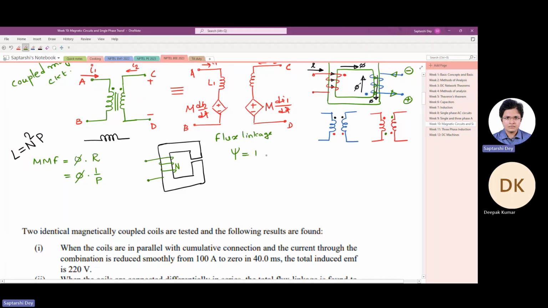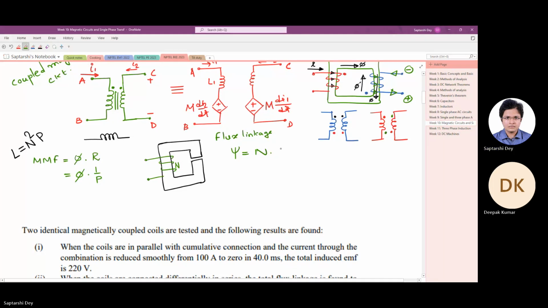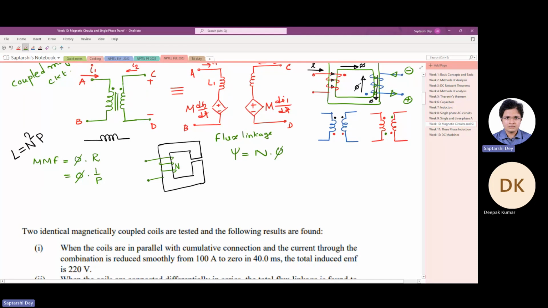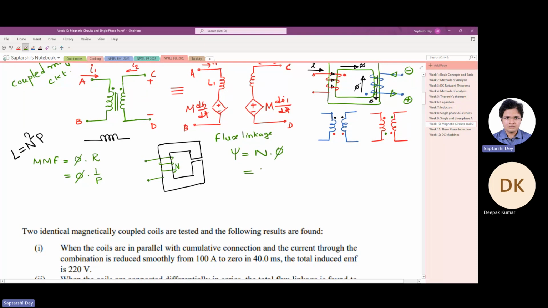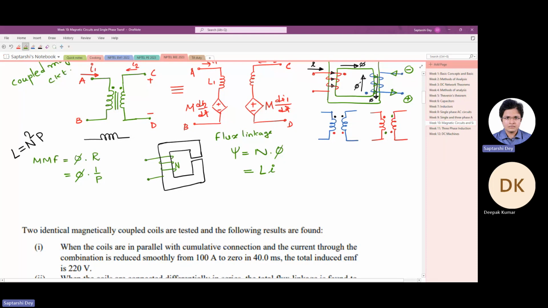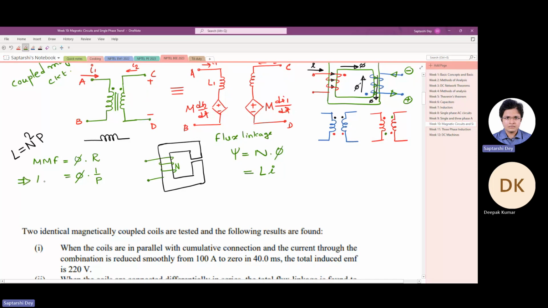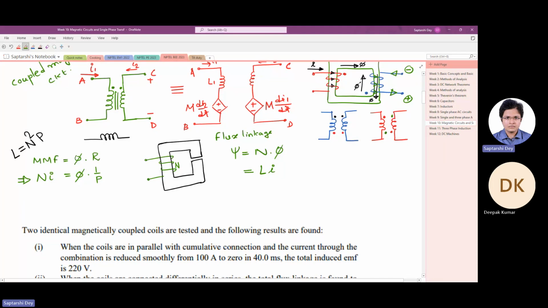Flux linkage is number of turns times flux, N phi. And flux linkage is given by Li. So if I amount of current flows through an inductor L, the inductor coil is experiencing a flux linkage of psi, is Li. And also the MMF is Ni, number of turns times current.